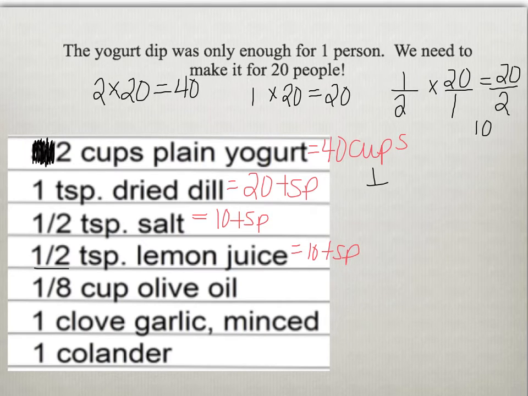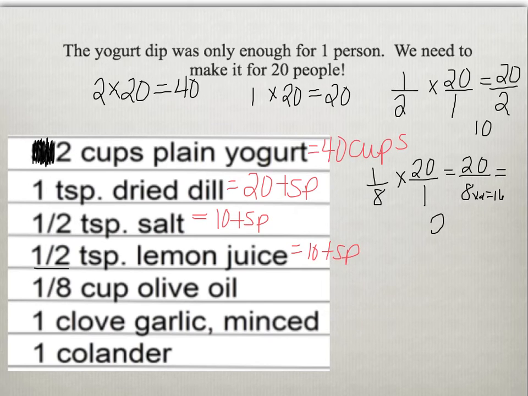I have 1/8 of a cup of olive oil times 20. 20 over 1 is going to help me solve this. 20 times 1 is 20. 8 times 1 is 8. How many times can 8 go into 20? Can't go in evenly. But 8 times 2 equals 16.